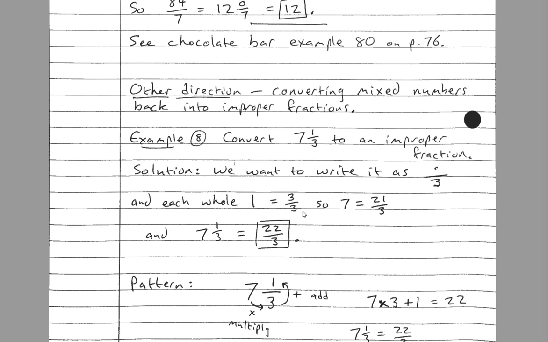So 2 would be 6/3. 7 will be 21/3. So 7 1/3, how many thirds altogether? There's 21 in the 7, and there's another 1 here, so altogether it's 22 thirds.